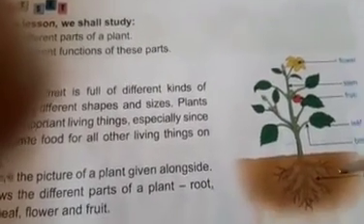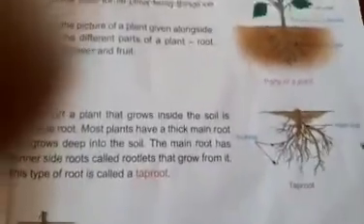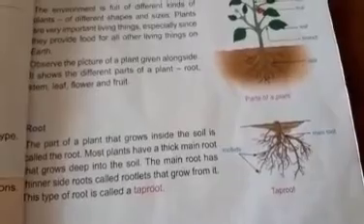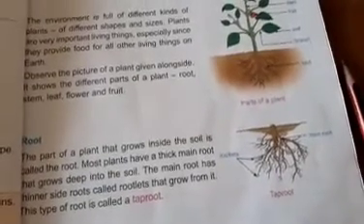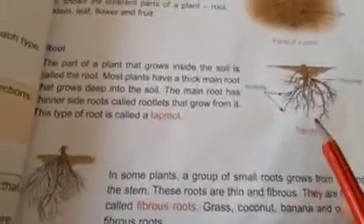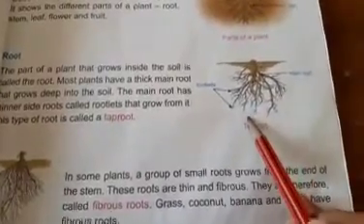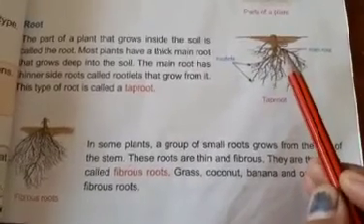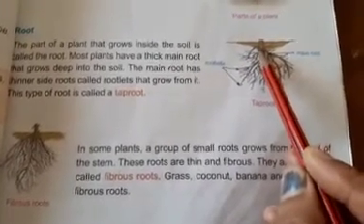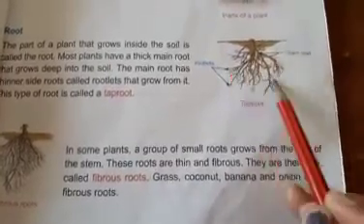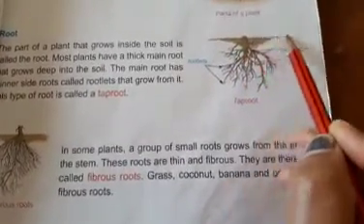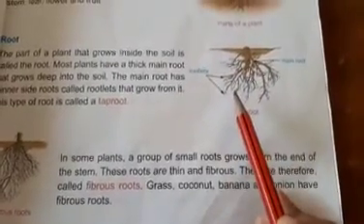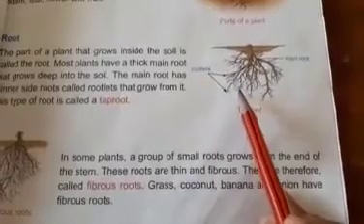Now we'll see what is the function of this one, root. Look here, kids. What is the function of root? The part of the plant that grows inside the soil is called root.